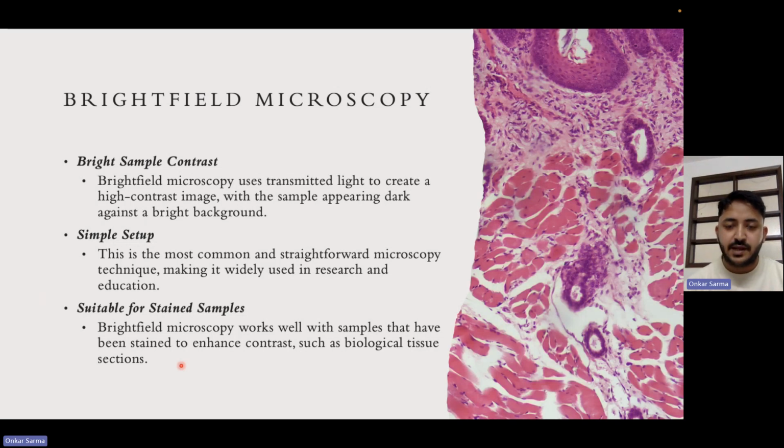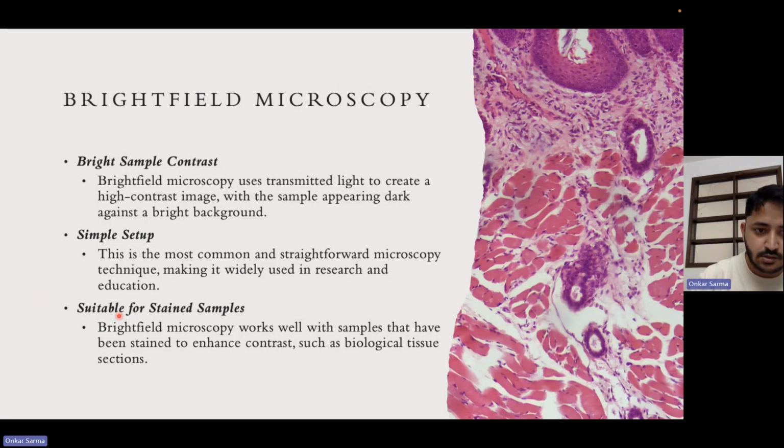The light gives us a bright background, and against that we look at the sample, which appears dark. So for that we need to stain the sample so that it forms a good contrast, so that we can identify the boundaries and the shape of the sample against the bright background.